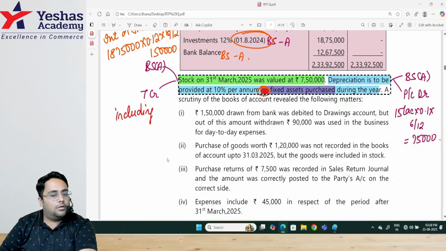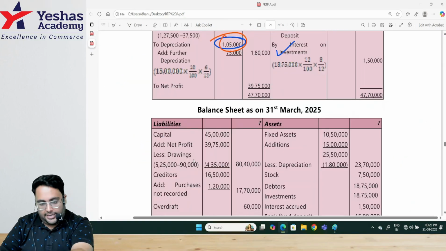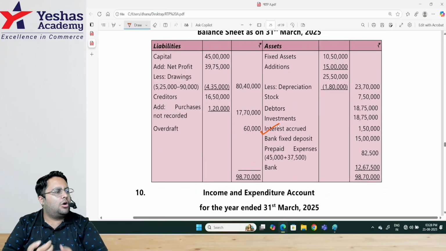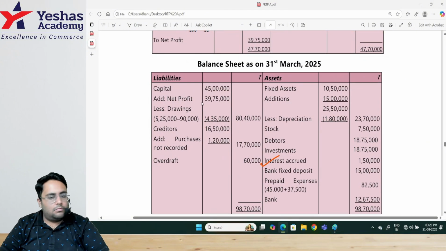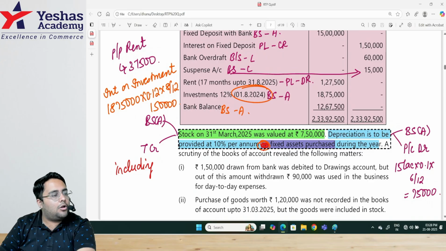Ha beta. Yes. Balance sheet interest on investment asset side. You can look at the asset side, interest accrued. You have not received it. If you have received it, it would have been there in the trial balance. They have invested on 1st August. So 8 months interest.